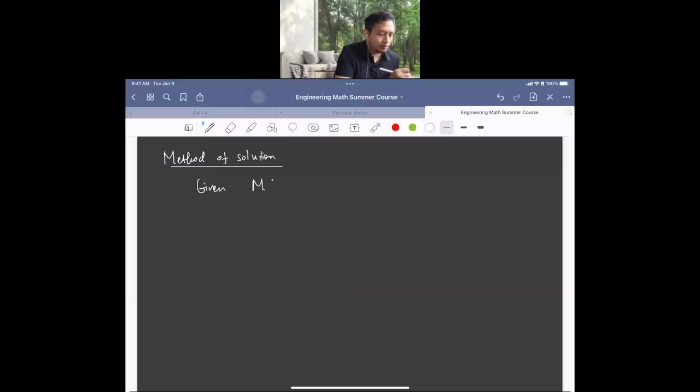So given that the form is M(x,y) dx plus N(x,y) dy equals 0, where all the necessary definitions are already in there.